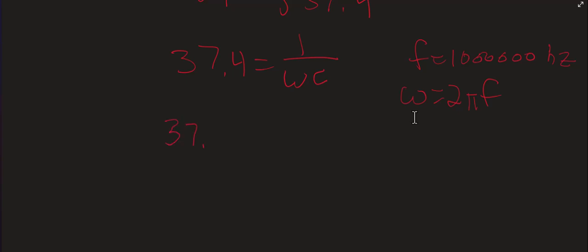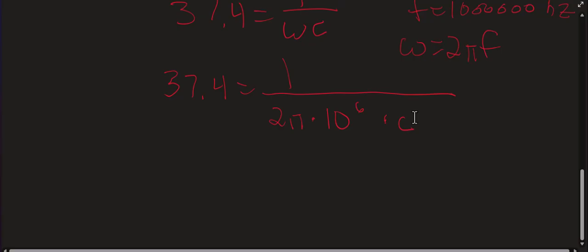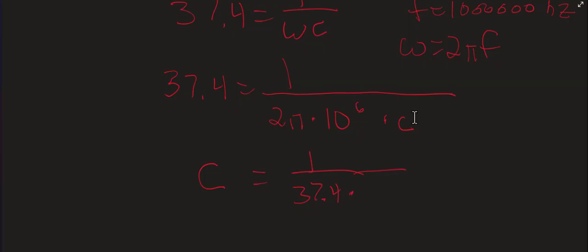So 37.4 equals 1 over 2 pi times 10 to the 6 times C, or C equals 1 over 37.4 times 2 pi times 10 to the 6, which is a tiny little number, which I would be worried about, except I remember finding a tiny little number earlier.